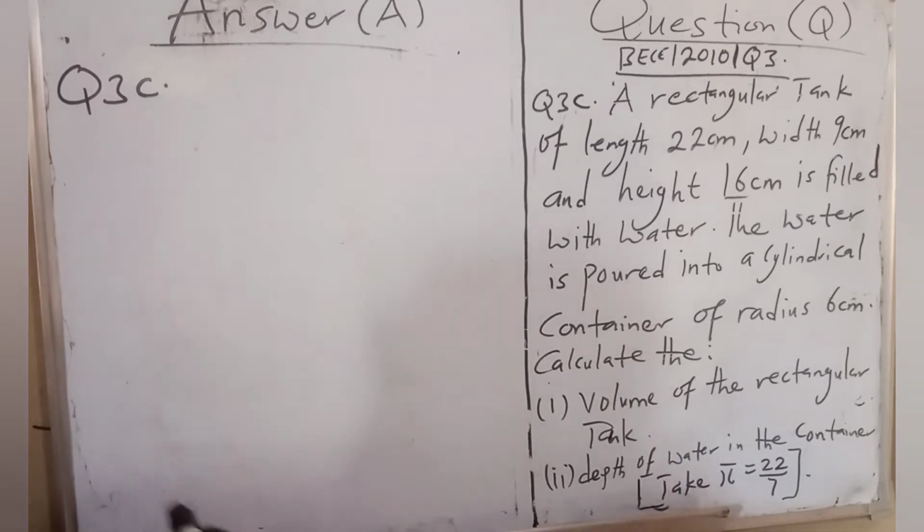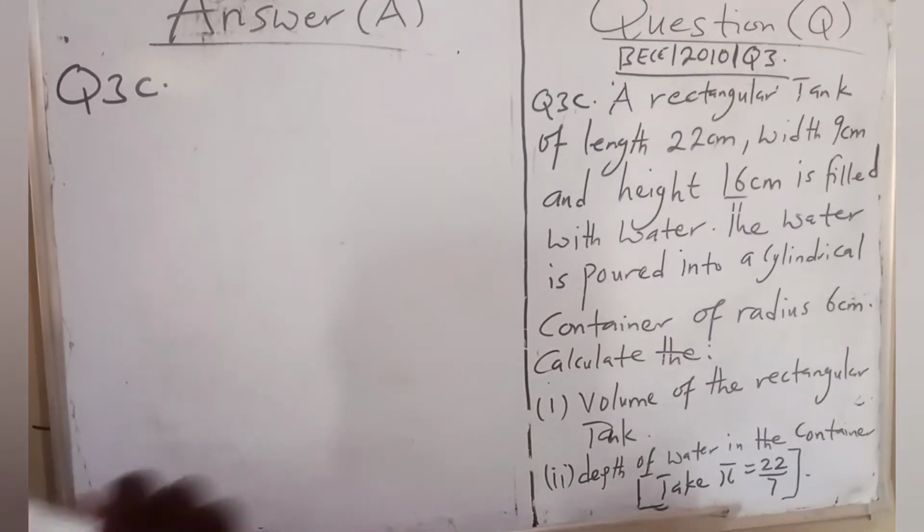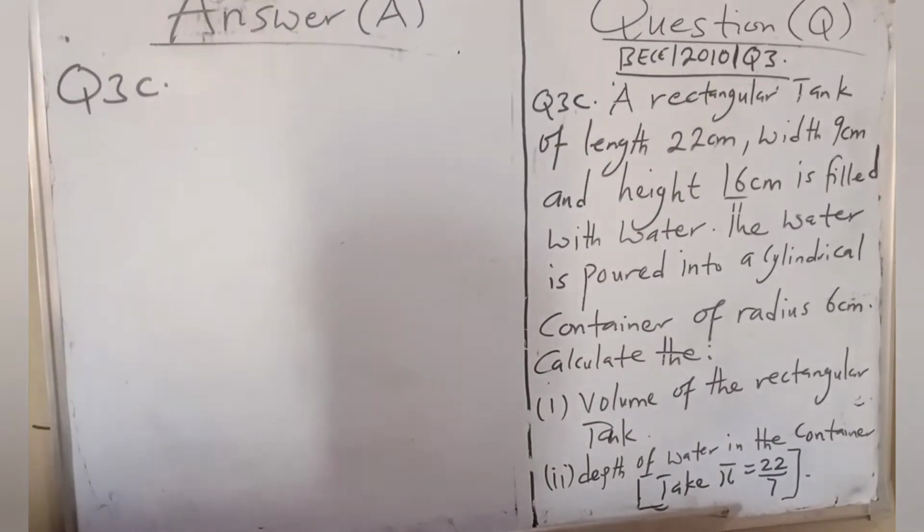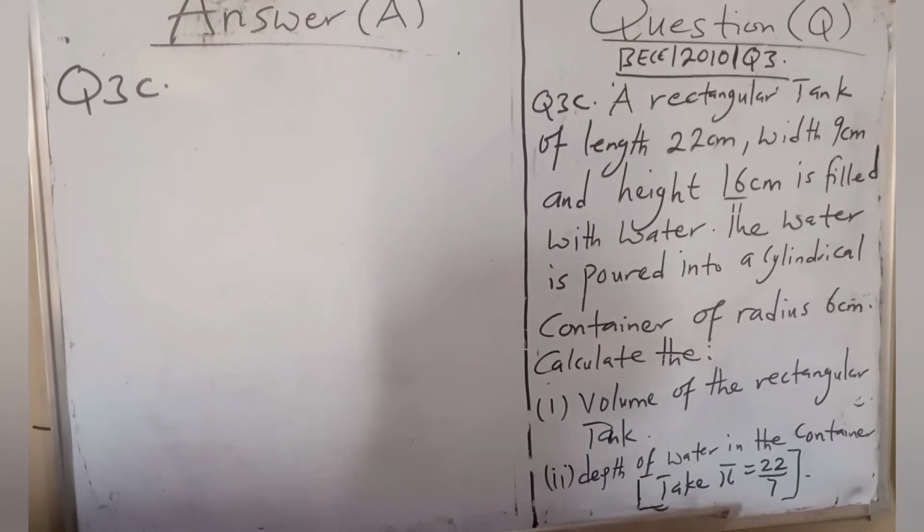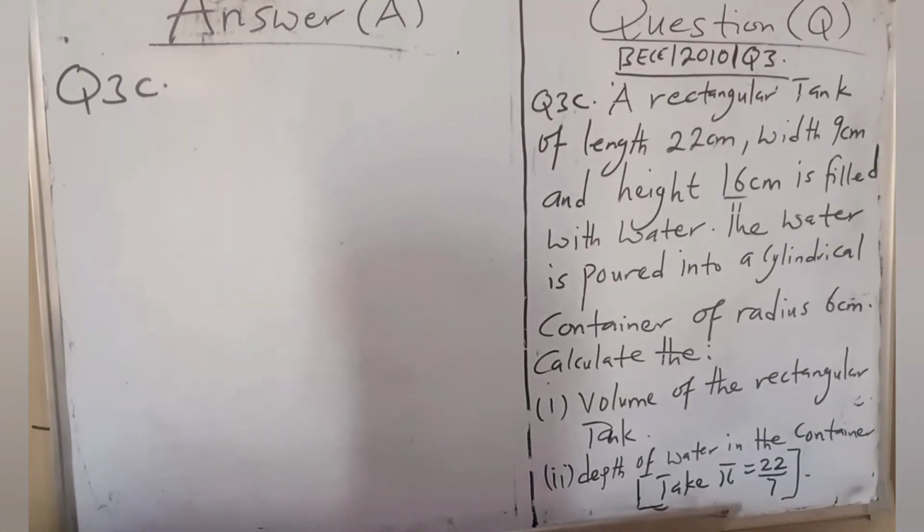The water inside the container is actually filled to the brim. That means that the water is occupying the space of the cuboid fully. Now, because of that, the water that is inside the container will have the same volume as the volume of the rectangular tank.